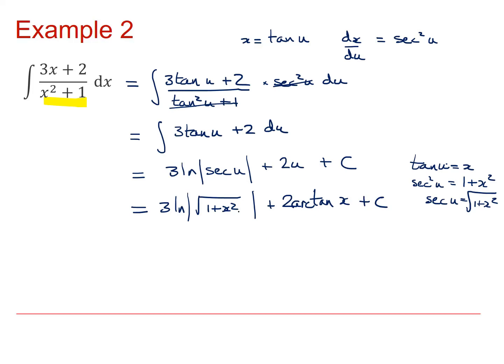Square root of 1 plus x squared, well, that's a power of half, which I can bring out as a coefficient for the log. So this is now going to be 3 over 2 log 1 plus x squared plus twice arc tan x plus c.